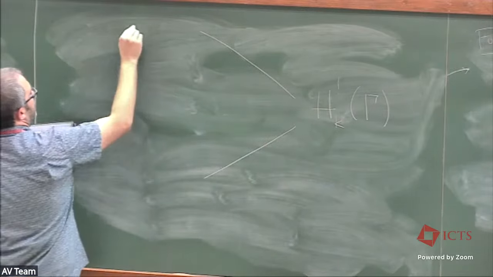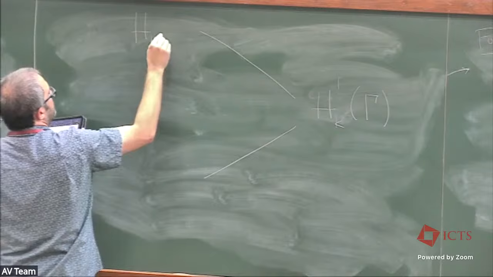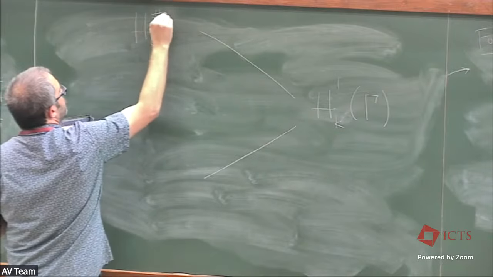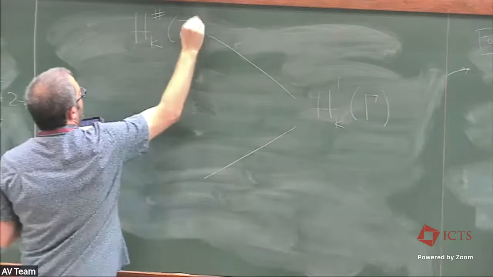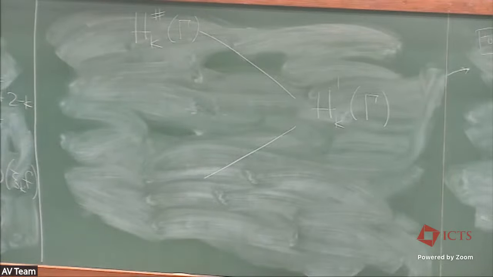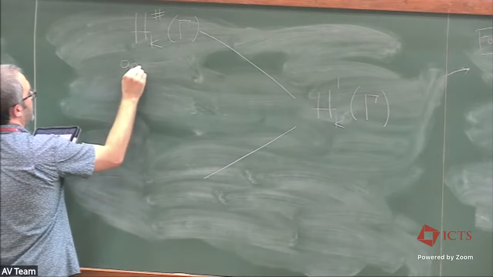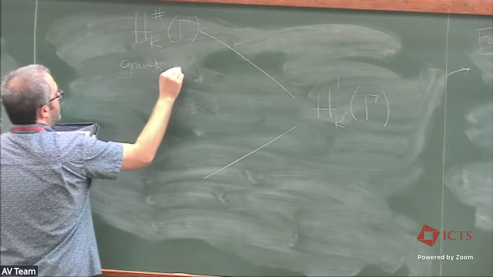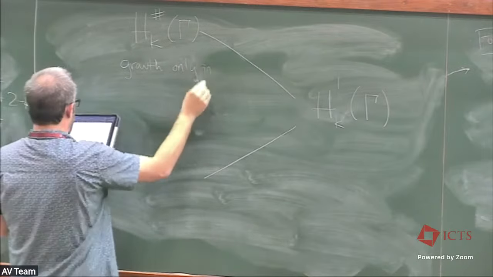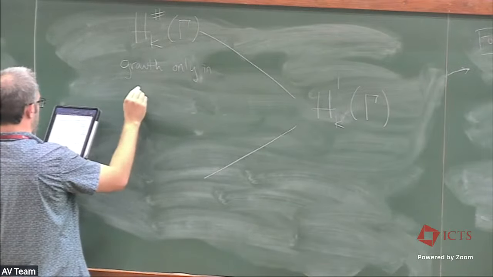I'm going to define a subspace H_k^♯ of Gamma. I didn't make the notation, but that's the standard thing, to put a sharp here. This will have growth only in the non-holomorphic part.